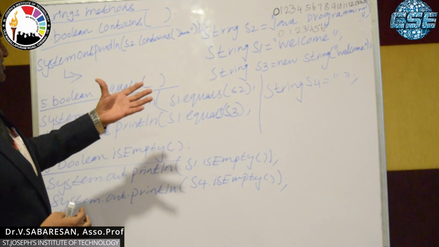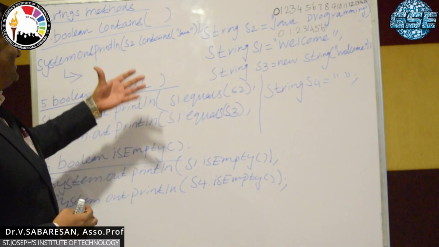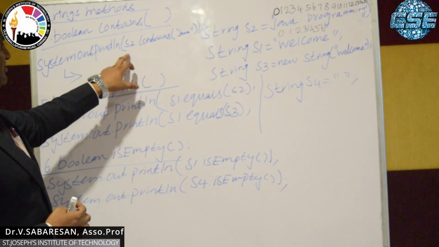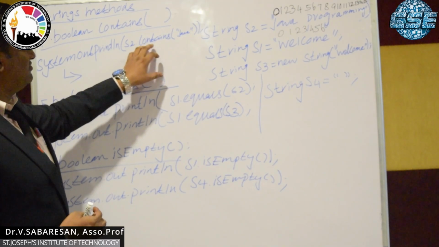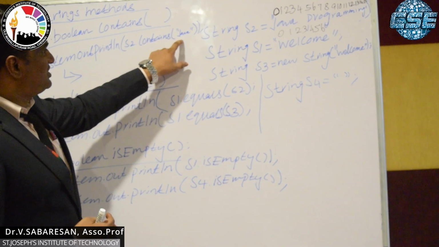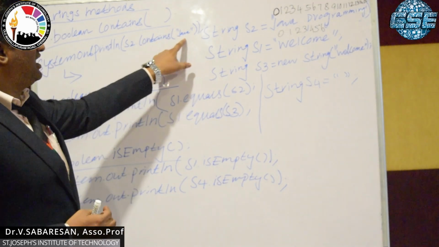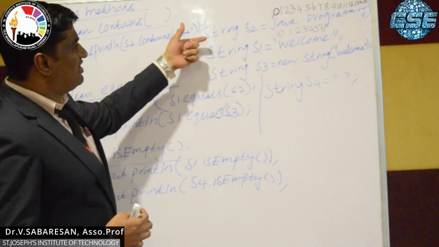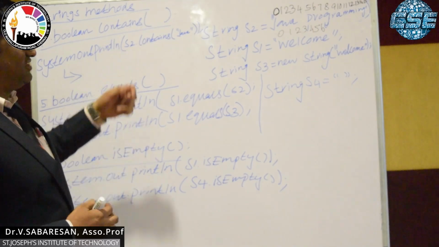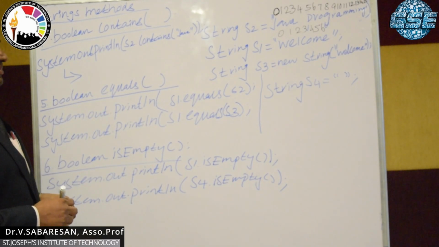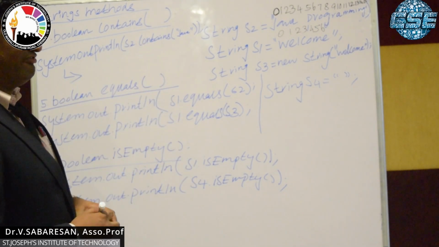That's why I mentioned them as boolean methods previously. The contains method checks, with s2.contains, within the s2 string whether the given string Java is available or not. If the string Java is available in s2, it returns true. Otherwise, it returns false.